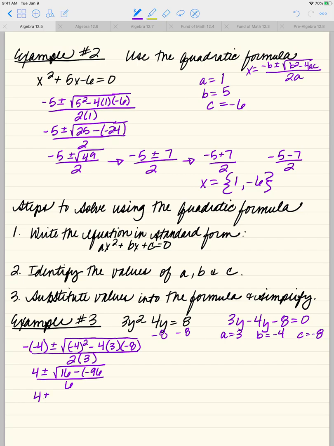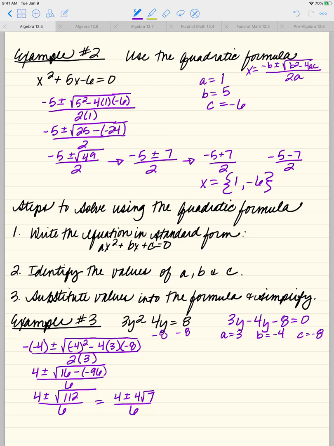So that's 4 plus or minus the square root of 16 minus negative 96, which is 112, all over 6, okay? Square root of 112. I'm not going to work through simplifying that radical right now. You guys all know how to do that at this point. 4 plus or minus 4 square root of 7 over 6, okay?